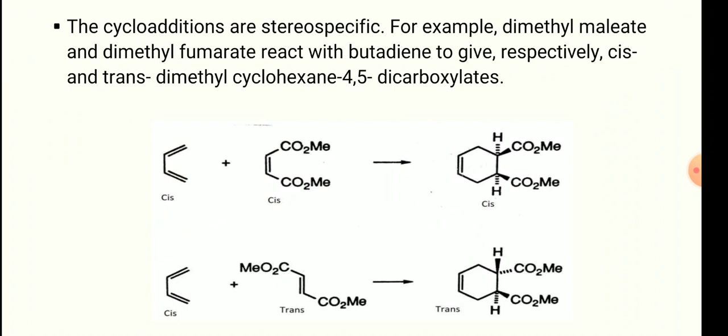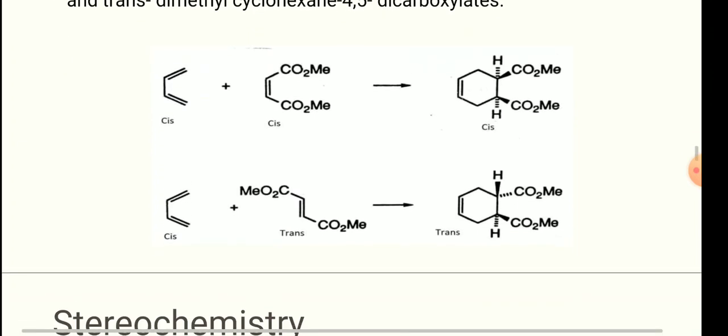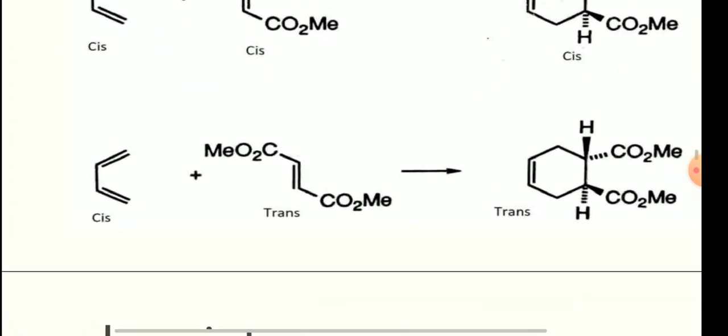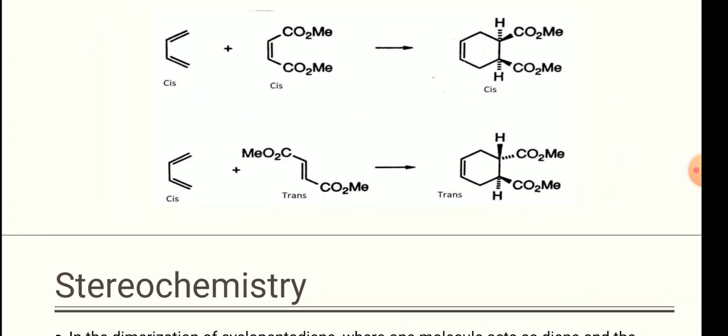So this is the beauty of the cycloaddition reaction, because this reaction not only forms the product very easily, but in concern of the stereochemistry, yes, it maintains the stereochemistry and it is very much stereospecific. So now if you take the trans product, that is dimethyl maleate, then we'll get the product which is different from the first one.